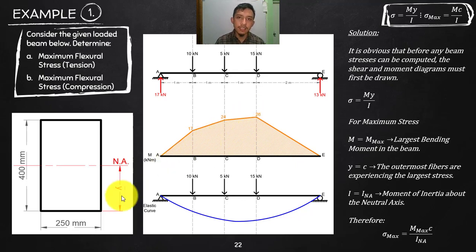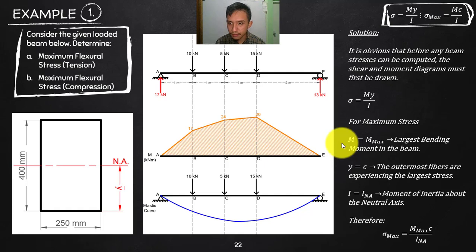By the way, since we are referring to simple beam bending, not the advanced discussion of beams, your neutral axis passes through the centroid. The centroid of this rectangle is found at the middle. So your neutral axis is half of the height, which is 200 going down, 200 going up.